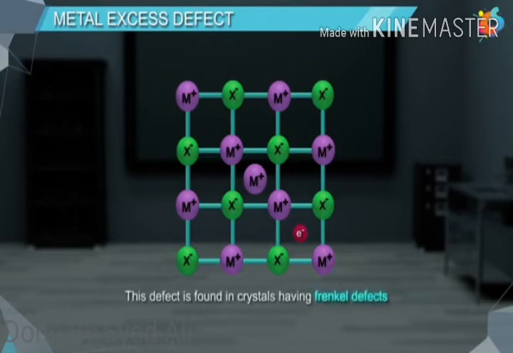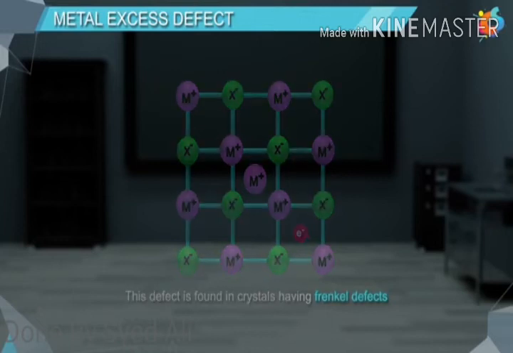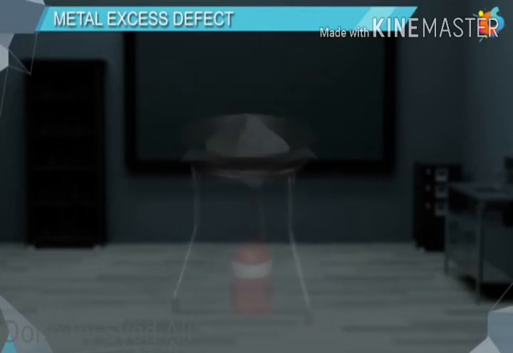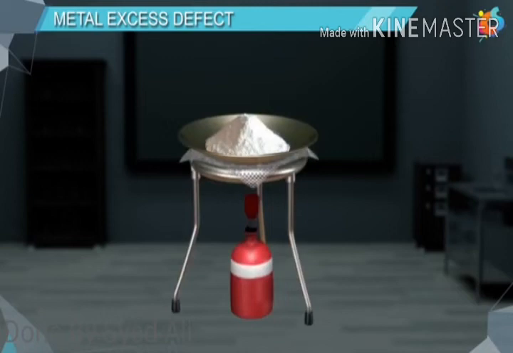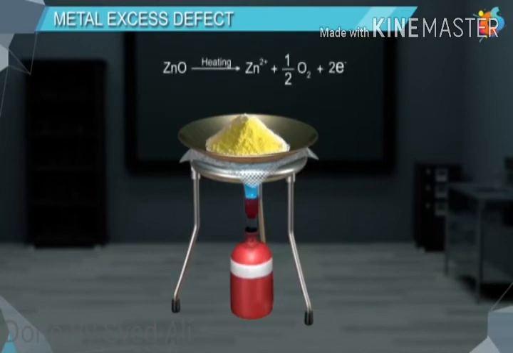This defect is found in crystals having Frenkel defects. Example, zinc oxide is a white colorless solid at room temperature, but when zinc oxide is heated, it loses oxygen and turns yellow.